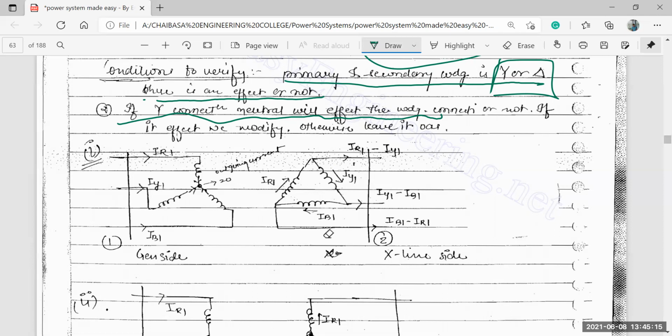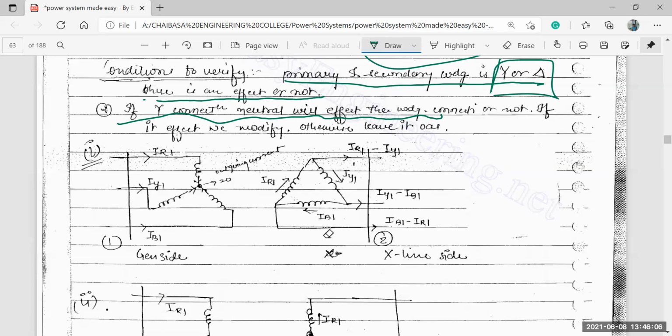So in this one particular format is being asked: if Y connection neutral will affect the winding connections of the node, then it will be modified, or it will be as it is.